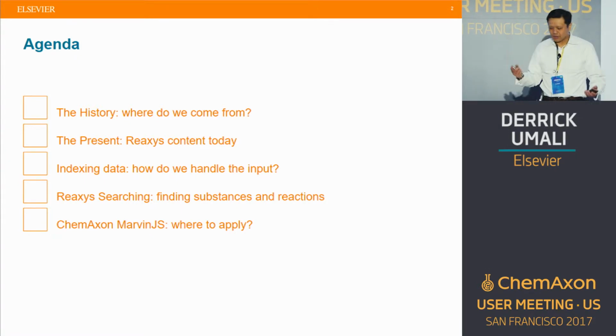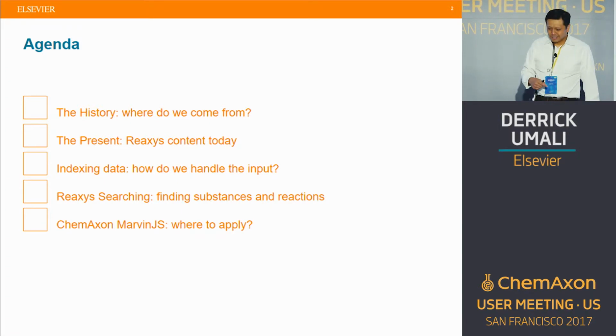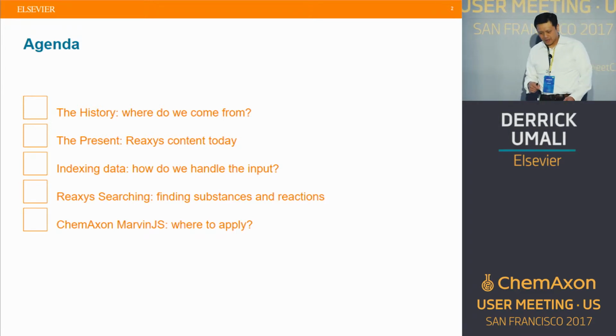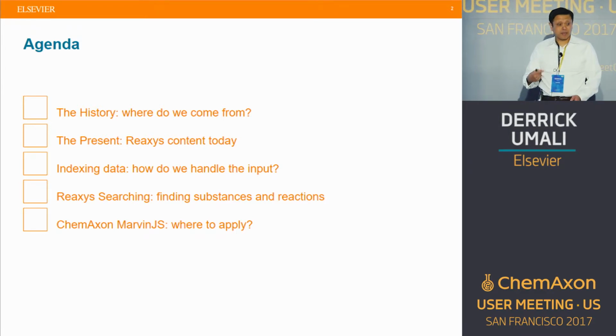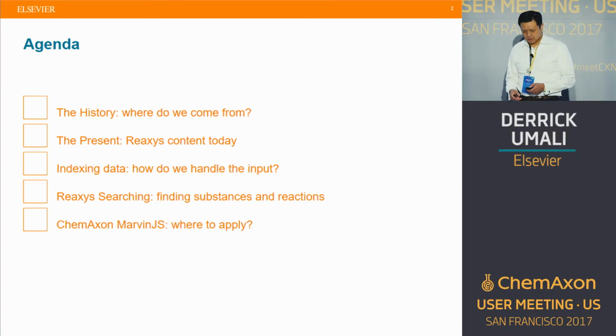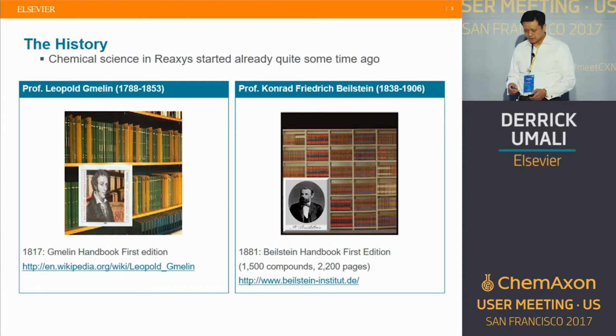I don't know if that's a good thing or a bad thing, but I've probably taught more people about Reaxys searching, and it's probably more about Marvin Sketch drawing techniques as opposed to searching in Reaxys. So we'll talk a little bit about that, and then how Reaxys uses ChemAxon Marvin JS in building the database, how it searches the database, and how it renders the structures and the reactions.